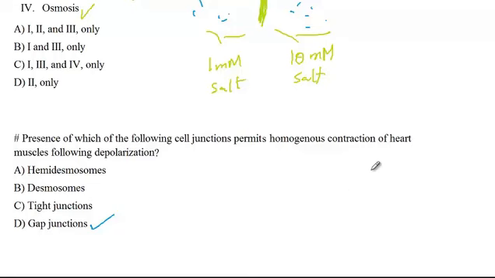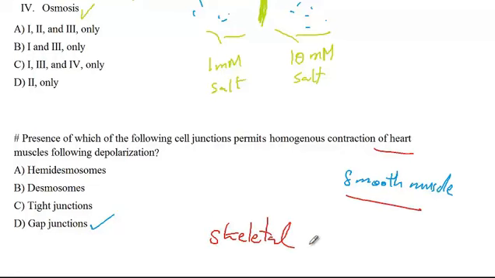And then another example is smooth muscles, which also have a lot of gap junctions that allow uniform and coordinated contraction. In contrast to heart and smooth muscles that have gap junctions, skeletal muscles do not have gap junctions.